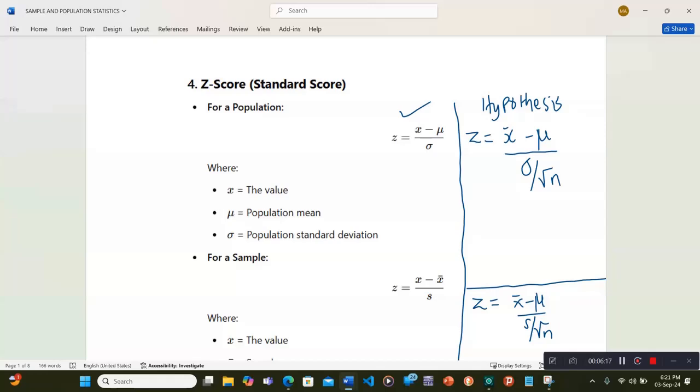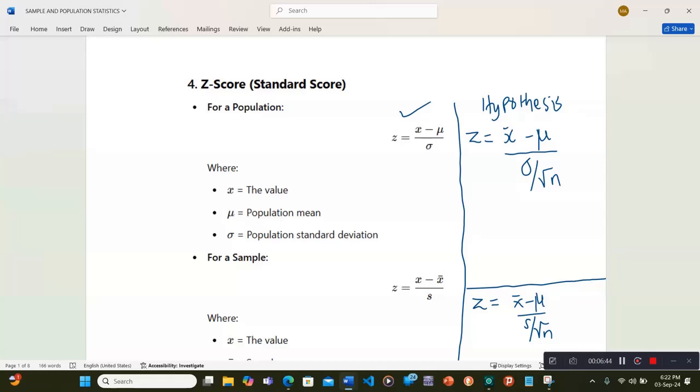We find that we are testing that either the mean is equal to 0 or the mean is not equal to 0. Sometimes we are testing that the mean is above a particular value or is less than a particular value, and then we go ahead to decide on what that mean is and what it means for the whole population.